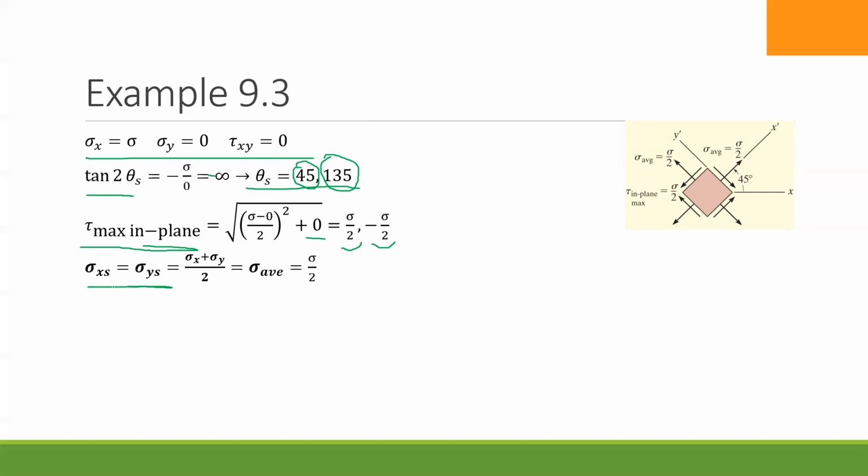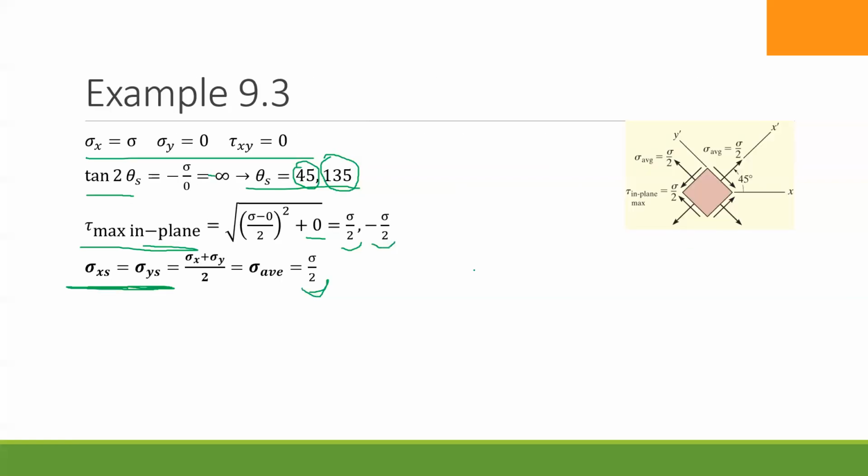Also, in this case, our average value on sigma in this orientation, also the normal stress value, is equal to sigma average, which is sigma over 2. So in the graphical illustration of the system, you can see sigma over 2 like this, okay. Again, we get this 45 degrees.